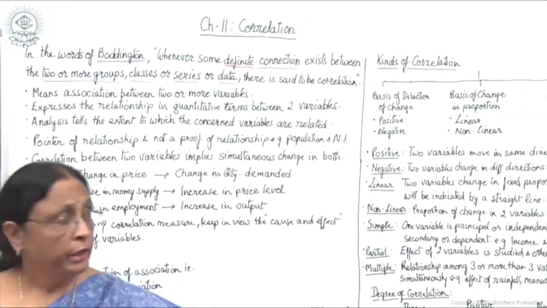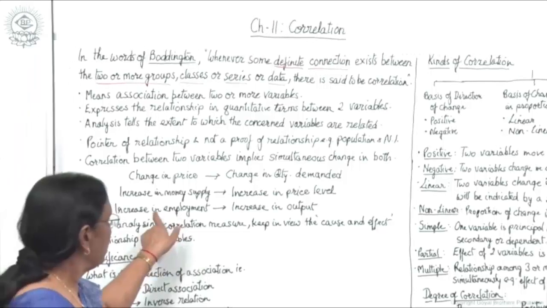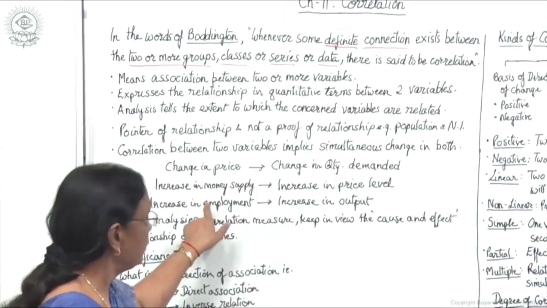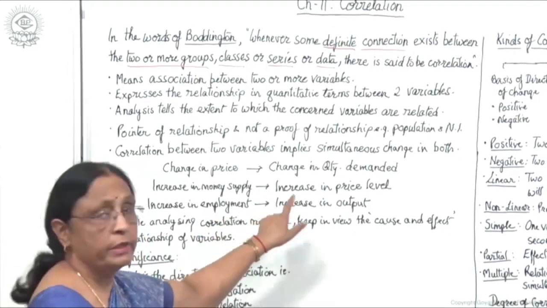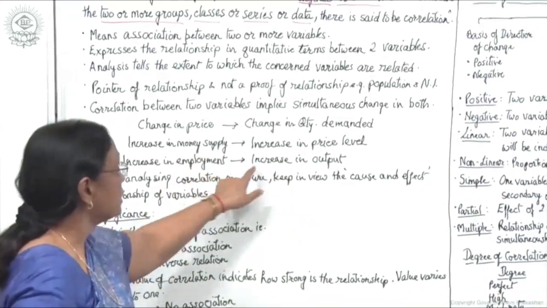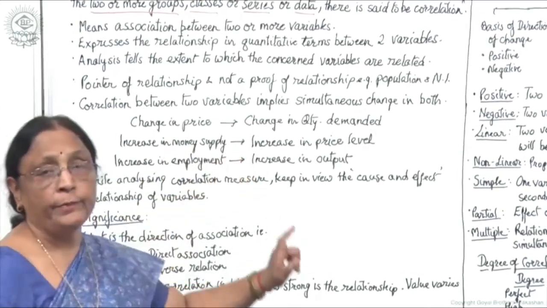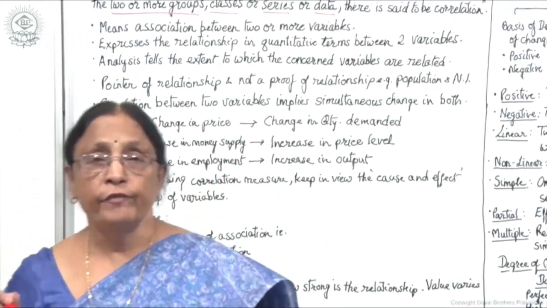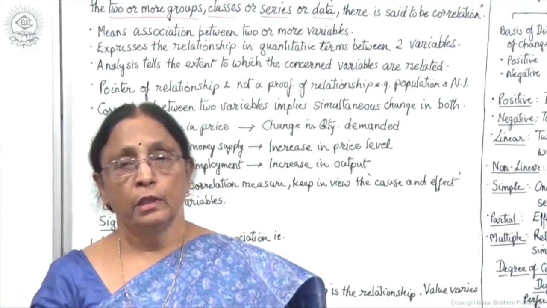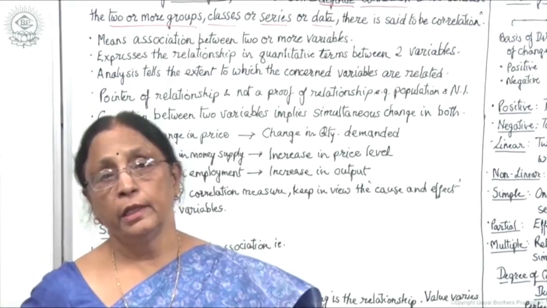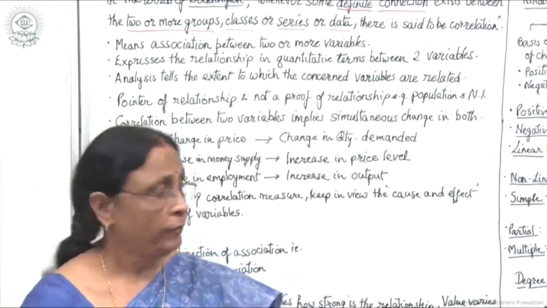Similarly, increase in employment, increase in output. The cause is employment; an increase in employment leads to an increase in output. This is the cause, this is the effect. In the same way, the cause and effect relationship has to be considered when you are analyzing any particular data.